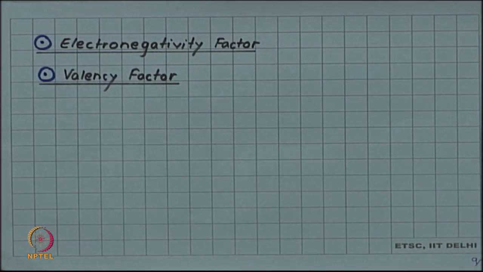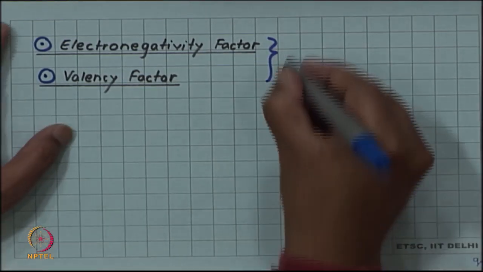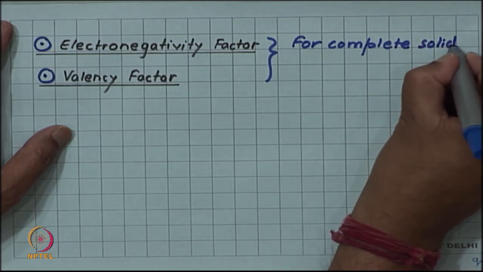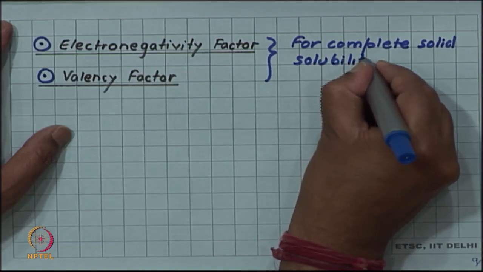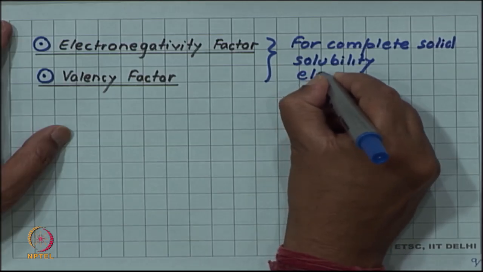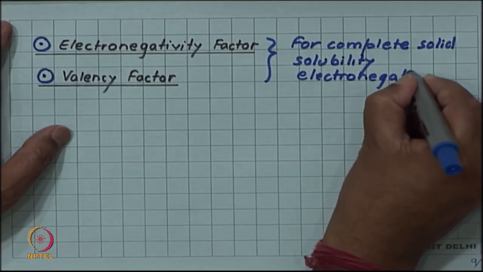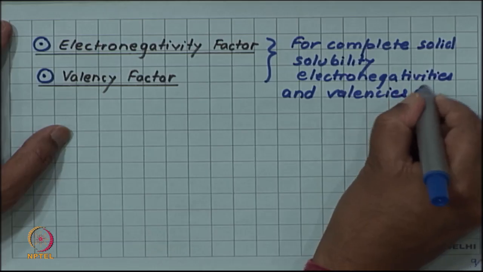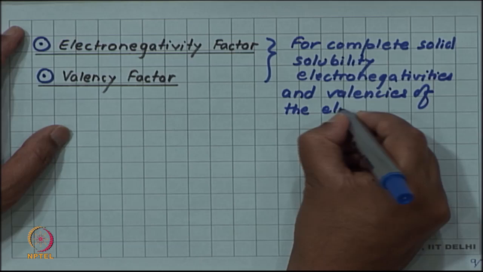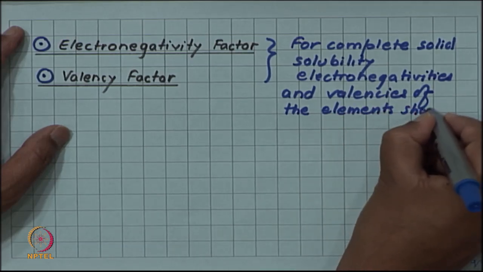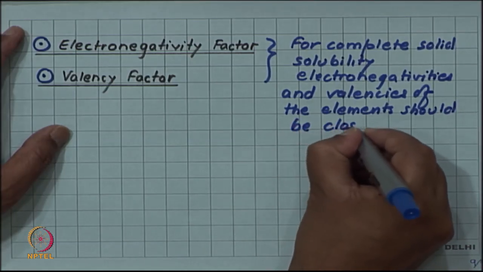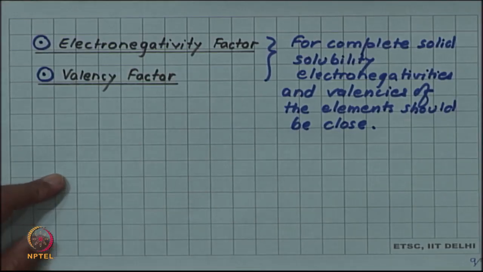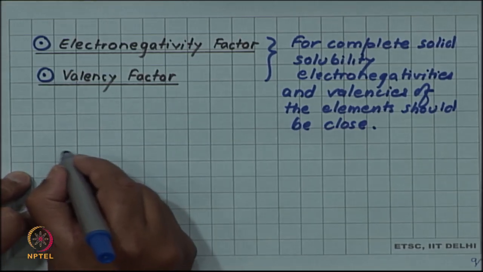Again, by experience, Hume-Rothery found that for complete solid solubility, the electronegativities and valencies of the elements should be close, because he found that if the electronegativity difference or valency difference is too large, there is more likelihood of formation of a compound rather than a solid solution.